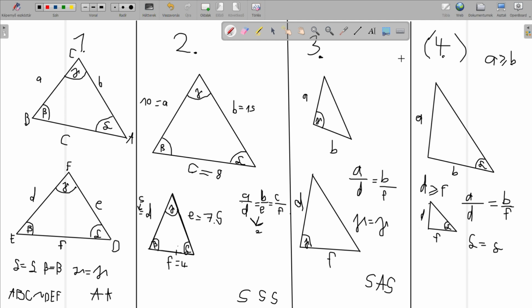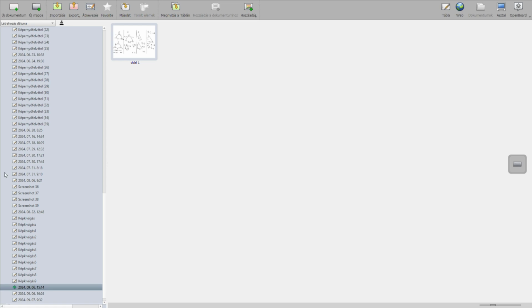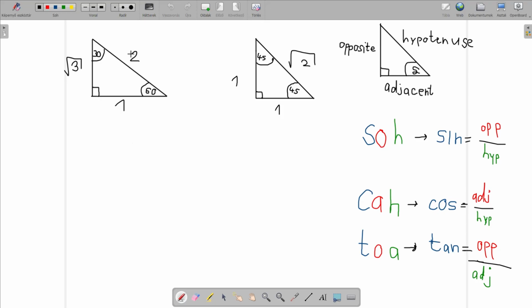And the last one is just a sort of last one, which you probably aren't going to use anyways, which is the one where the ratio of two of their sides are the same, and the angle opposite of the side which isn't the smaller, so meaning the side which is larger, or it could be as long as the other one, is the same. But that is just some sort of an addition. You don't really need to know that, because they usually aren't asking it.